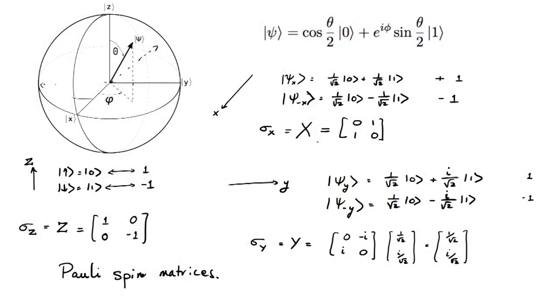Now, by the way, you should really understand that these matrices do not commute with each other, which means that if you measure the spin in the z direction, and then you measure it in the x direction, you don't get the same answer as you would if you first measure in the x direction and then in the z direction. Why is that?